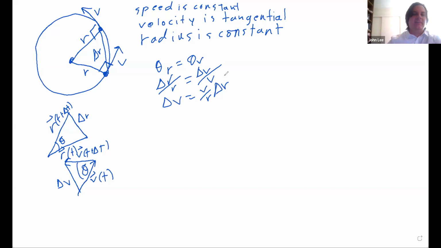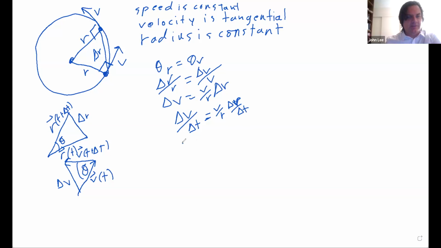And we can take that by taking delta v over delta t, and see what the magnitude of the acceleration is: v over r times delta r over delta t.